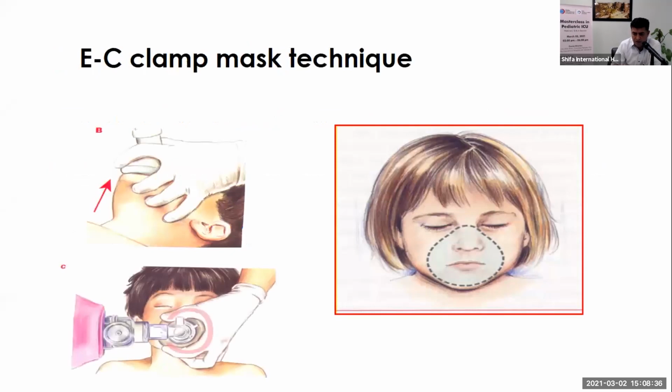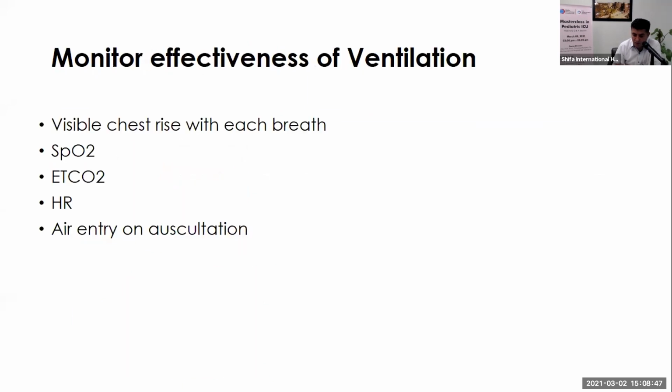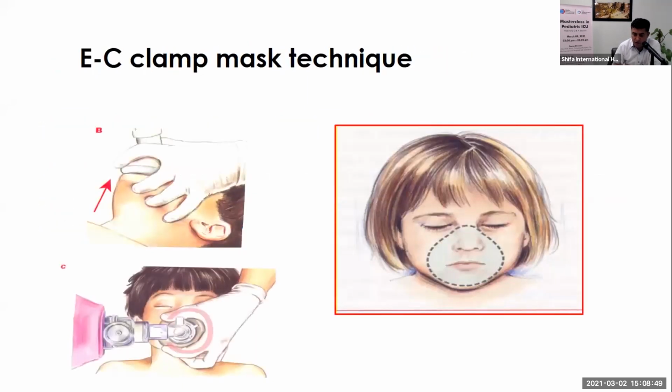The EC clamp technique is used for the Ambu bagging. The mask should cover your nose and mouth, and it should be above the chin. It shouldn't come below the chin because it will give you a lot of leak, and it shouldn't cover the eyes as well, because there is a risk of leak around the eyes also. So what is EC?